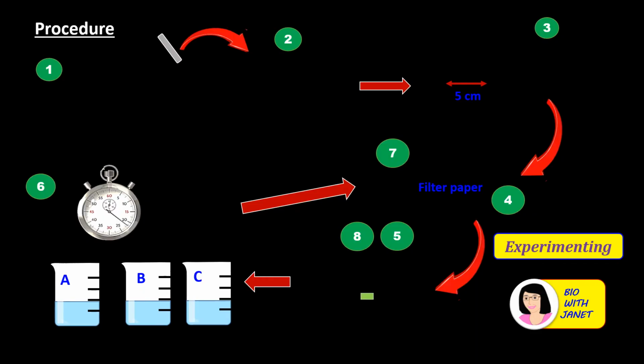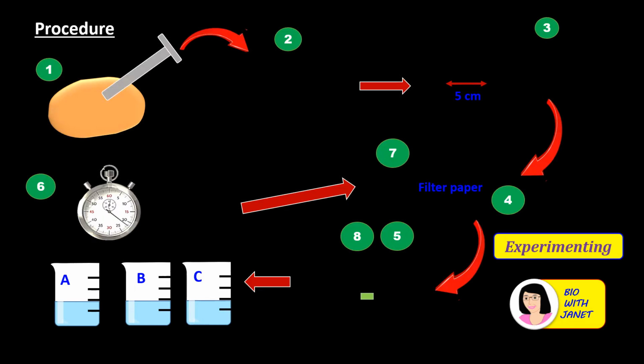So basically what we're going to do here is, first of all, take the potato, and then use the cork borer and push it inside the potato. After that, there's a tiny rod attached that you can use to push out the cylindrical potato strip.